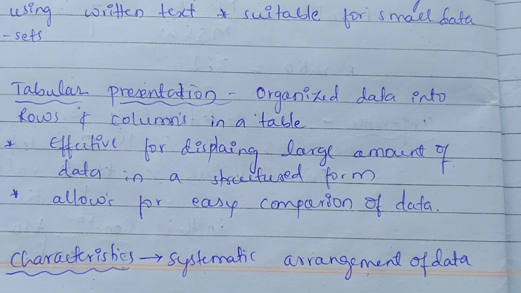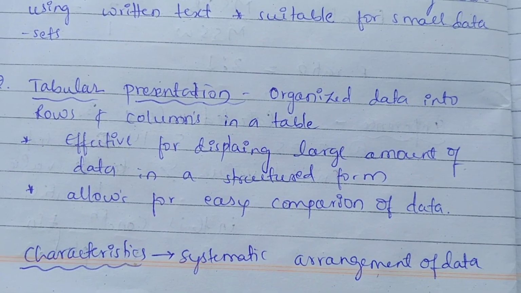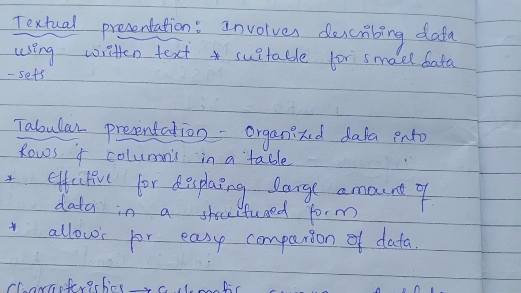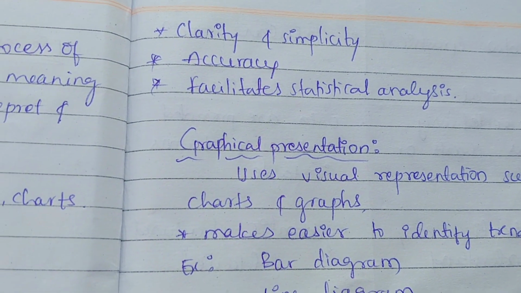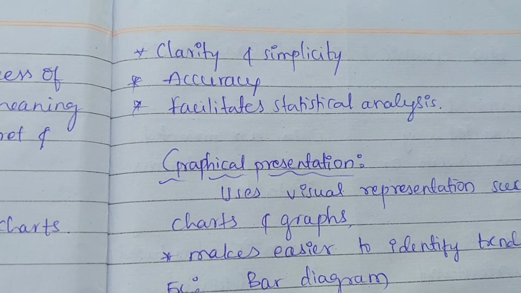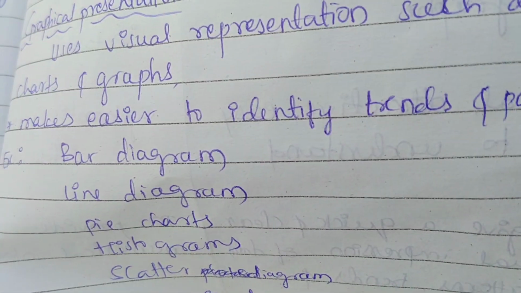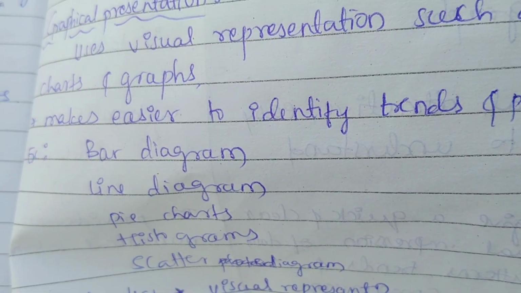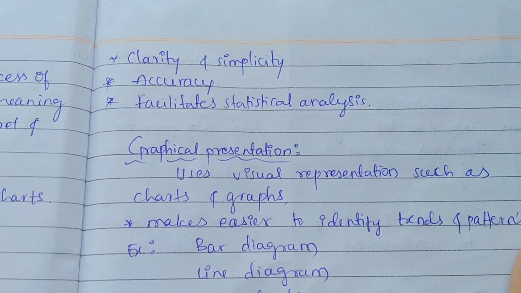Here are some characteristics of tabular presentation of data: systematic arrangement of data, clarity and simplicity, accuracy, and facilitating statistical analysis. These characteristics help us draw conclusions and understand the data.